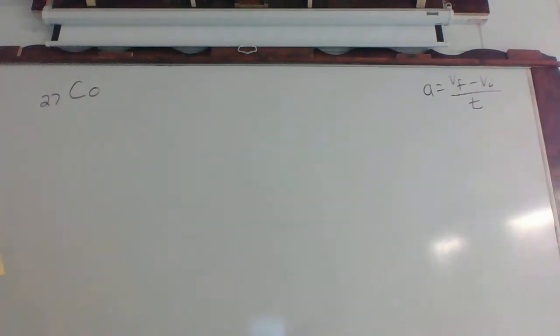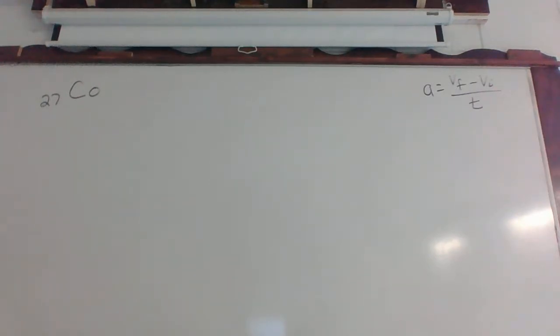Without even looking. Maybe, yes. Is it cobalt? Okay. So sometimes you do get lucky. So the atomic number for 27 is cobalt, and then the atomic mass we're going to say is 59.